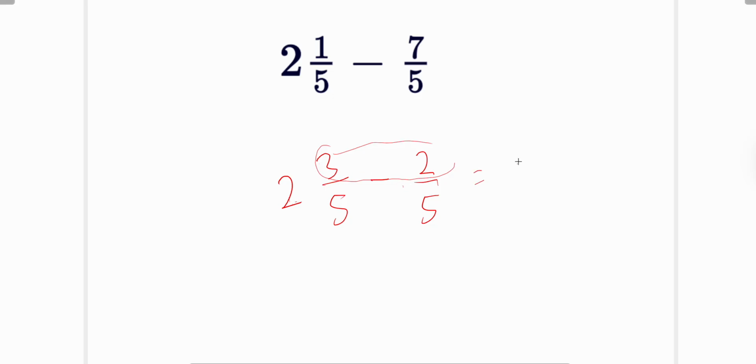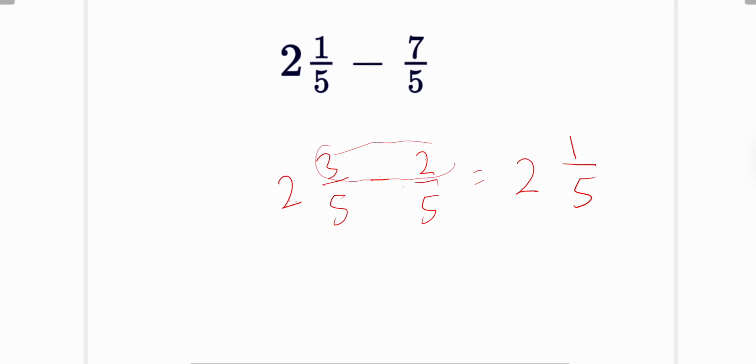So that will be equal to 2, and 3 minus 2 is 1. So 2 and 3/5 minus 2/5 is 2 and 1/5. Okay, so we understand this, right?